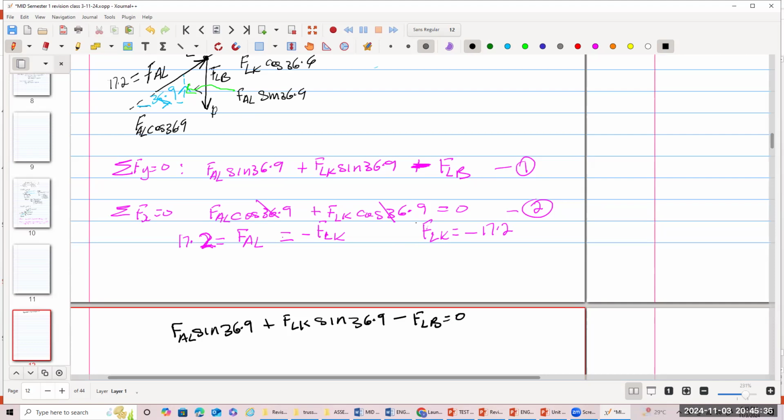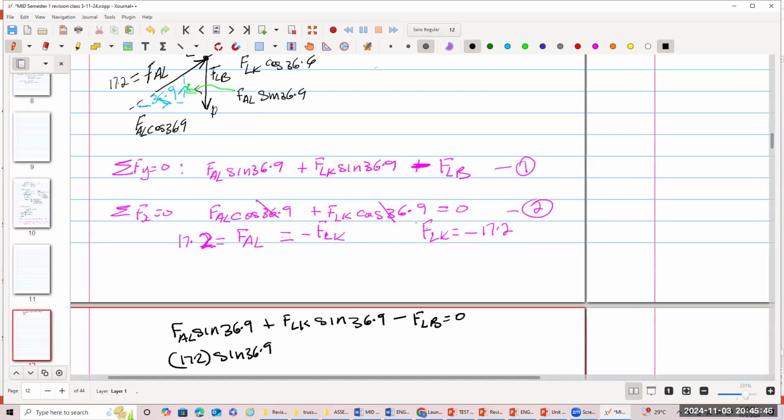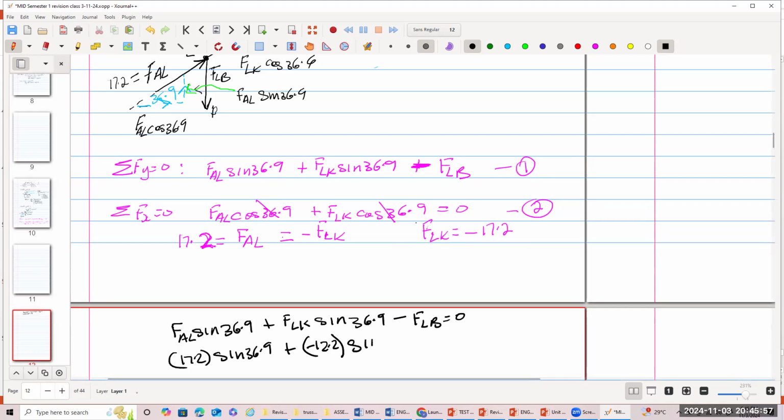So we're going to substitute now. So you're going to substitute for AB. So this is 17.2. Remember, we called it positive now. Sine 36.9 plus this one now is minus, because it just gives that it's minus. You don't do anything else with it yet. So we work with it as minus.